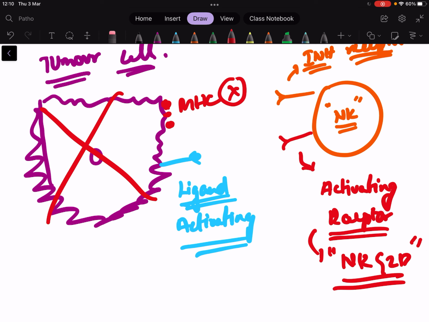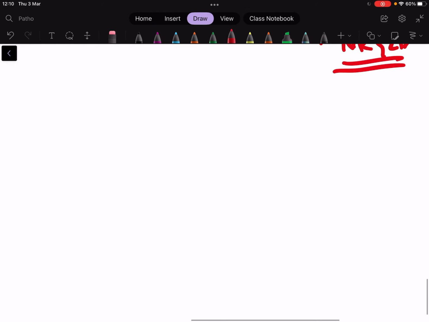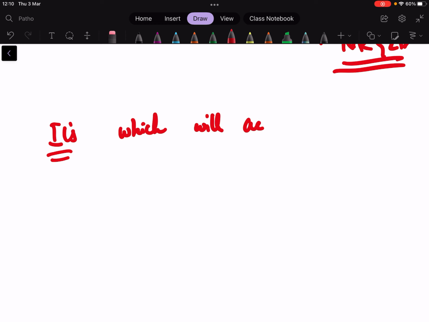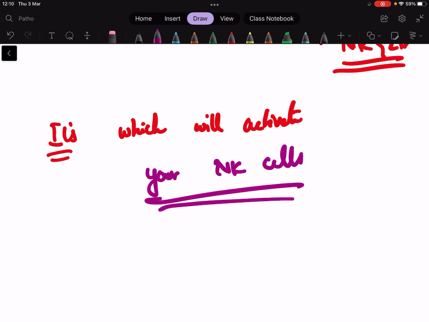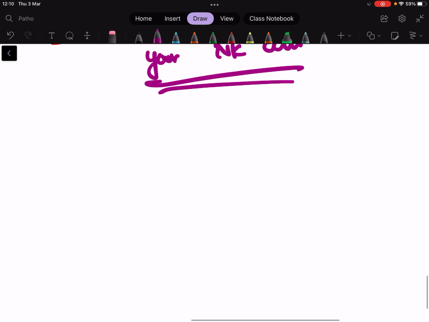Okay. Now I would like to say some of the interleukins which will activate your natural killer cells. So suppose there is an infection or any virus or any tumor, and as you know, during inflammation there are a lot of cytokines produced, right?